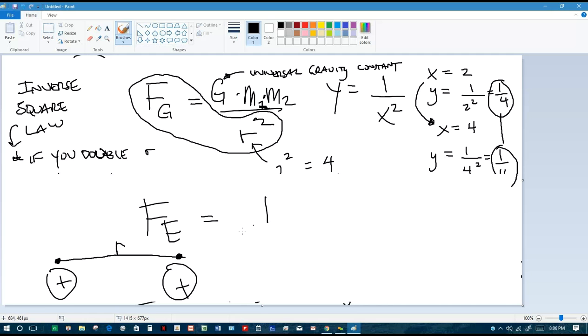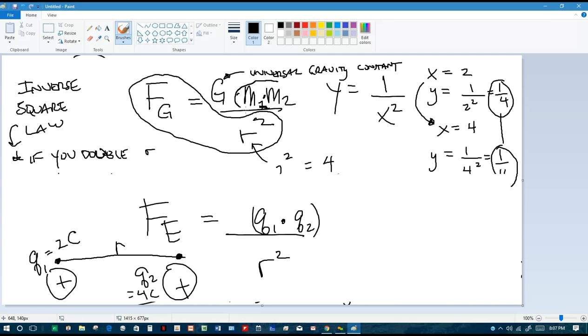And you know it's going to be an inverse square law, right? If this one is called Q1, some amount of charge, and this one has some amount of charge, let's say this is 2 coulombs and this one is 4 coulombs, the force that they feel is the product of their charges, just like before it was the product of the masses of the planets, times a constant, which is called K, which is 9 times 10 to the 9th.